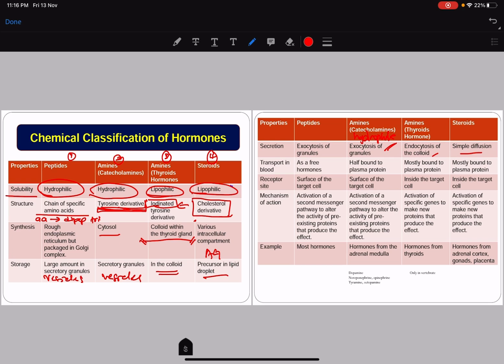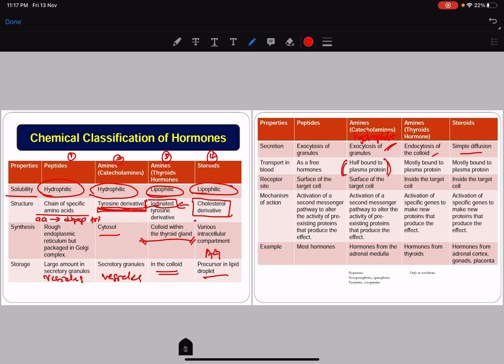Transportation in the blood. The peptide hormone can move freely in the blood, so it travels in the blood as a free hormone. For catecholamines, half is bound to plasma protein. You can relate this back: if we look into the chemical structure of catecholamine, there are parts of the structure which have charges, so the chemical properties repel the aqueous water.